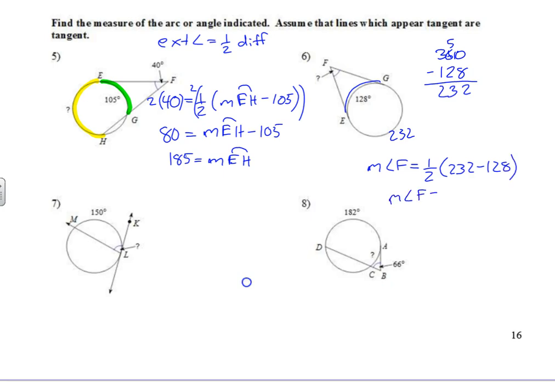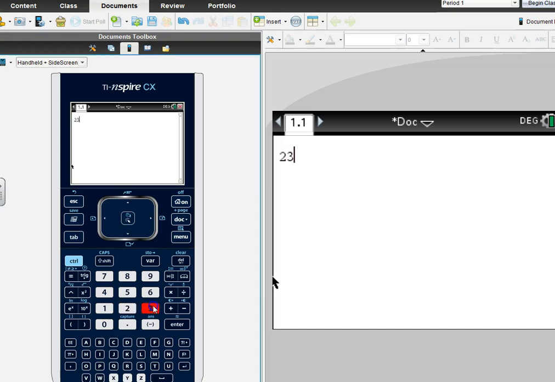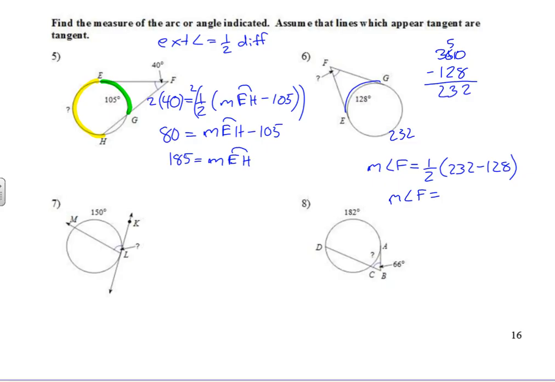So the measure of angle F would be whatever that comes out to be. Let me see. 232 minus 128 is 104, and 104 divided by 2 is 52. Okay, so this would be 52 degrees.